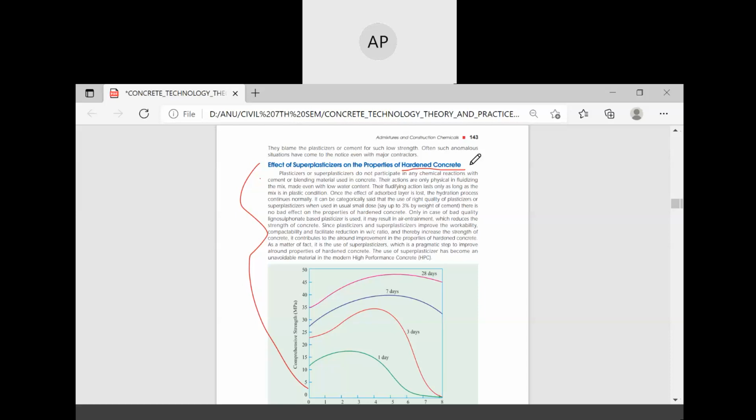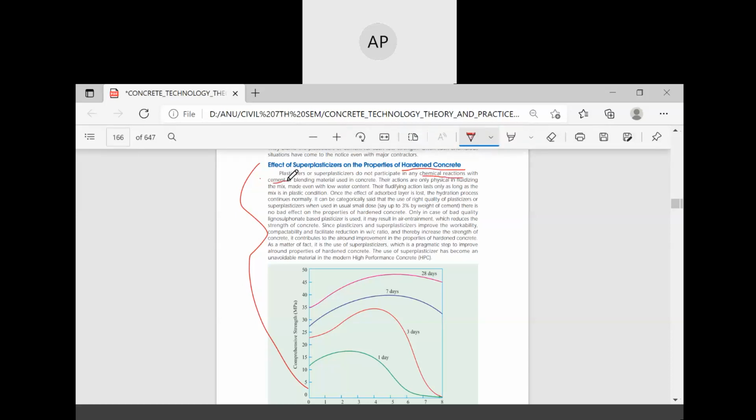Okay. So plasticizers or superplasticizers do not participate in any chemical reaction with cement or blending material used in concrete. Their action is only physical in fluidizing the mix.